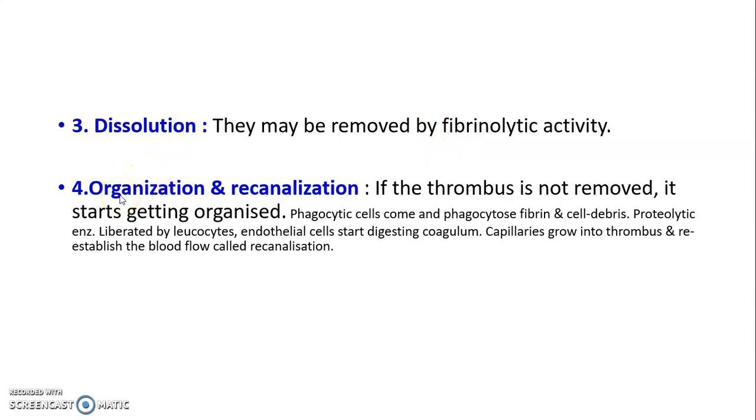Fourth is organization and recanalization. If the thrombus is not removed, it starts getting organized. Phagocytic cells come and phagocytose the fibrin and cell debris. Proteolytic enzymes liberated by the leukocytes and endothelial cells start digesting the coagulum. The capillaries grow into the thrombus and re-establish the blood flow, called recanalization.